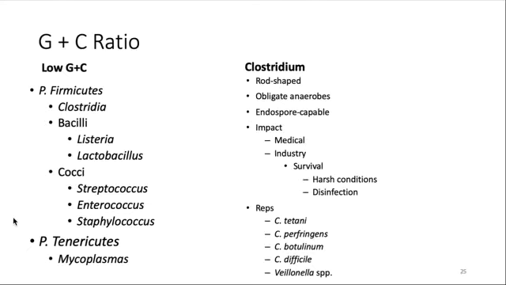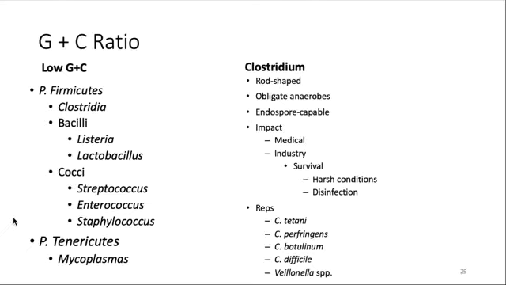Clostridium is a gram-positive rod bacterium. They are obligate anaerobes, so they need environments that are devoid of oxygen. Oxygen is poisonous to them.